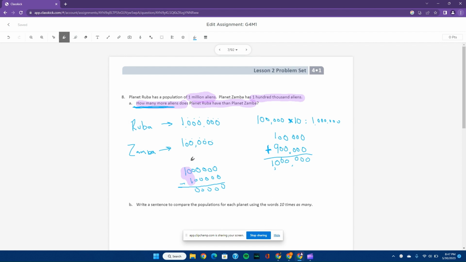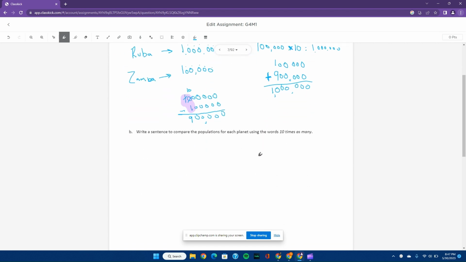But this is where I would need to think that 1 million is the same as 10 100,000s, which would give me the number 9 to make 900,000. So I could say that Ruba has 10 times the amount of aliens that Zamba has, or it has 900,000 more aliens than Zamba.